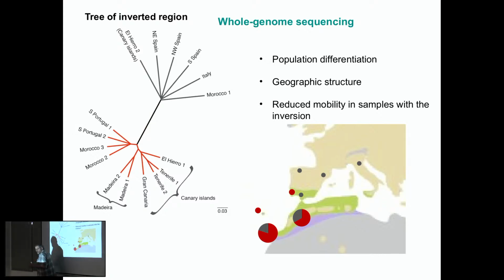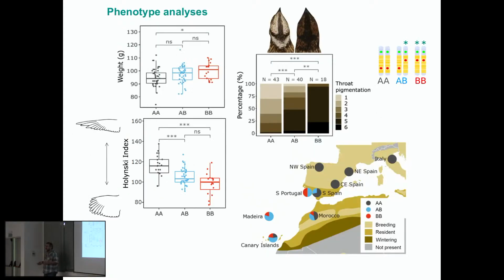This could be just speculation, but we can try to see if the ecological and morphological data support this. So we have been compiling morphological data from all these animals, and look at what we have. This is the weight. We have individuals from those 80 that Ines analyzed, for which we have the genotype: homozygotes without the inversion, homozygotes with the inversion, or heterozygotes.